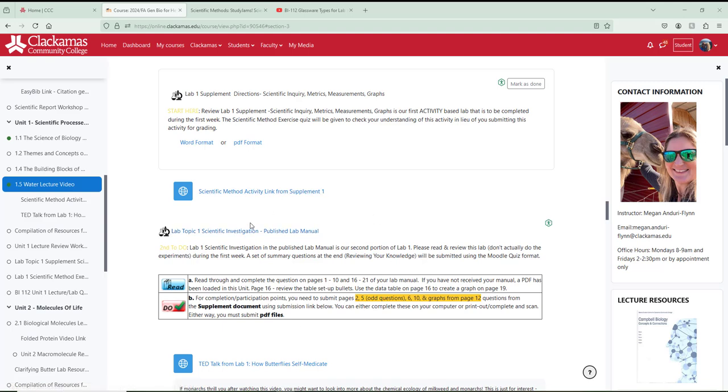So that's available, but do realize that I think after lab topic 2, we won't be providing links anymore. So you do need to purchase the actual lab manual, okay? You just get it from the bookstore. That's the only required purchase that you need to make for this course, okay?